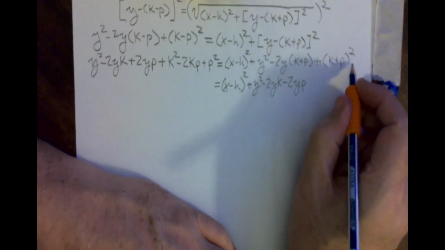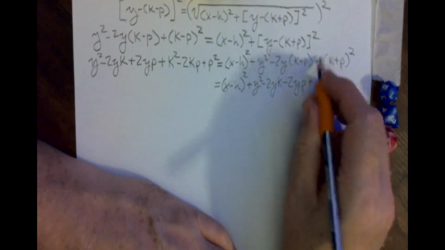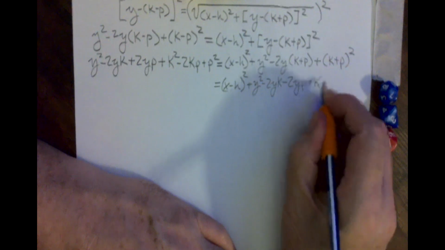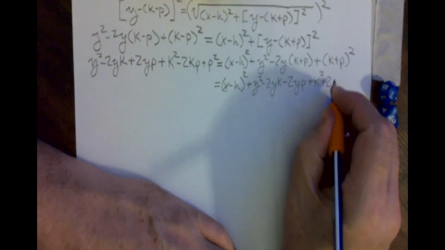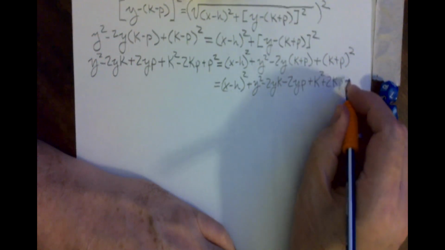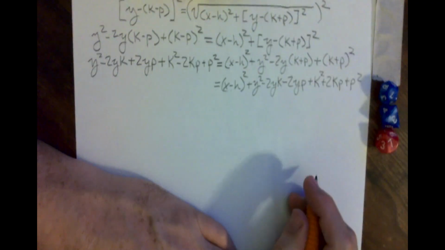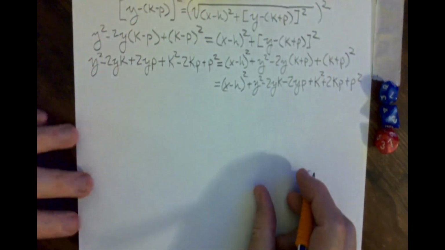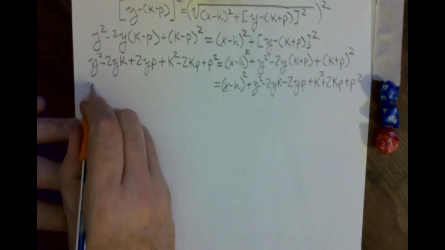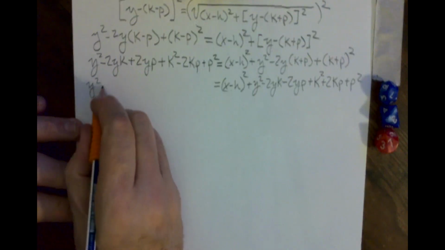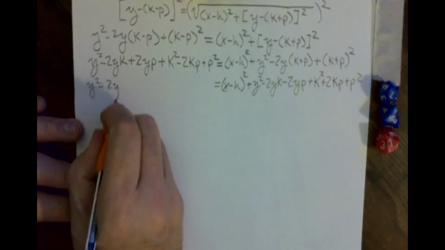And then let's square this. Get rid of these parentheses. Plus k squared plus 2kp plus p squared. Over here, we'll just rewrite things. All right, there's nothing more to expand.